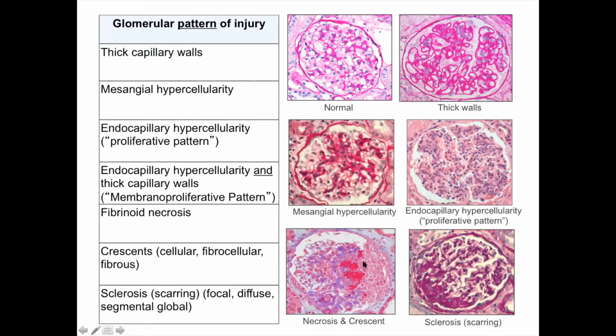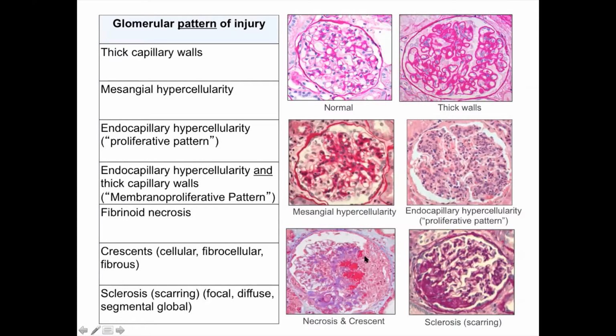Necrosis and crescent. The crescent formation اللي هو extracapillary proliferation أو extra epithelial proliferation, and بيكون عندنا there is a breakdown of the glomerular basement membrane.